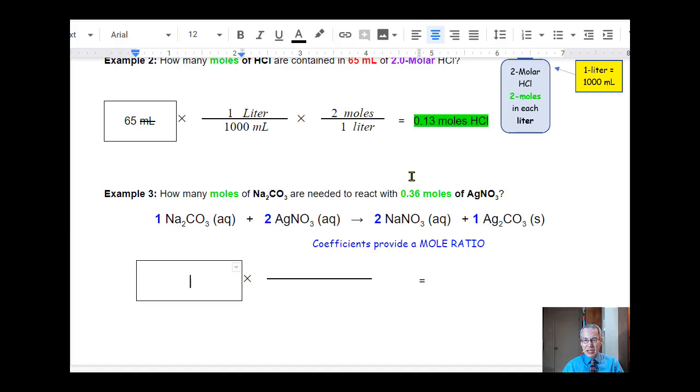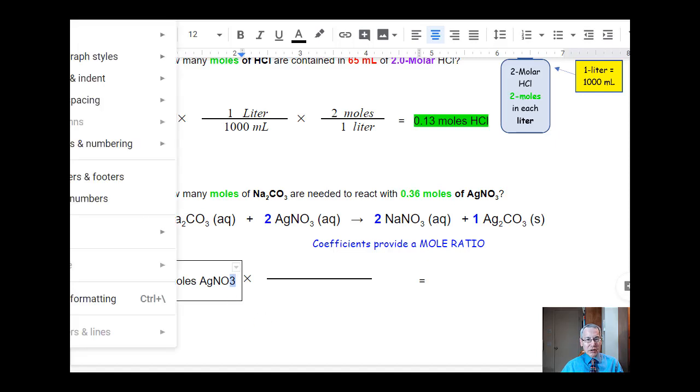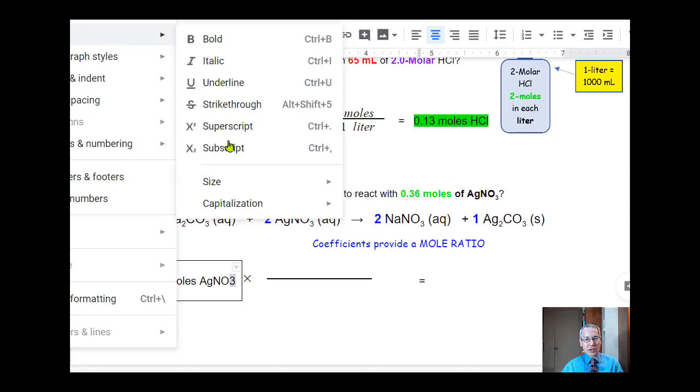The given is right here, 0.36 moles of AgNO3. Remember, you can make this 3 subscript by formatting the text into a subscript. And you can also just use control comma.